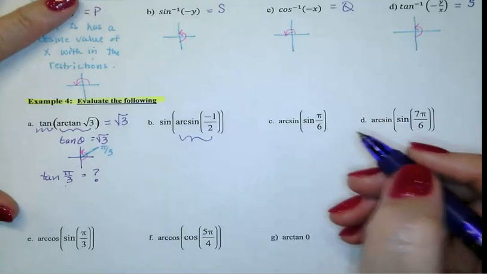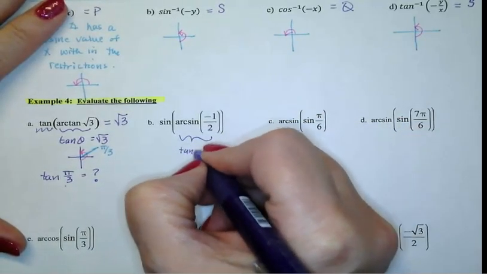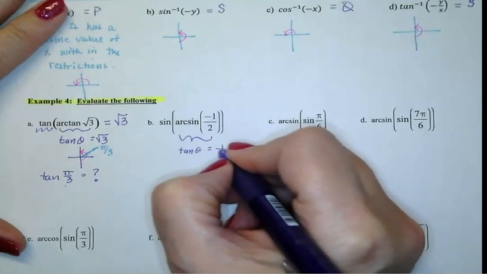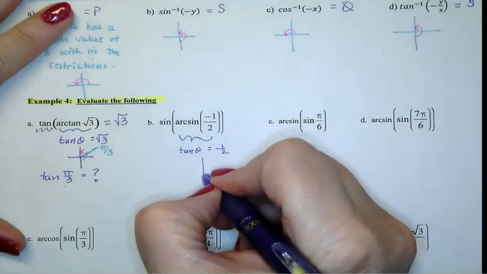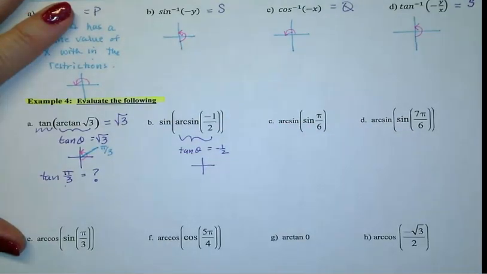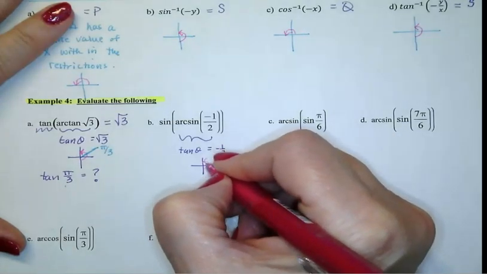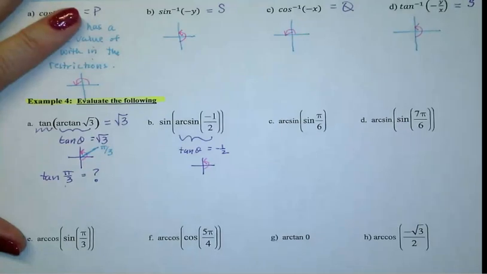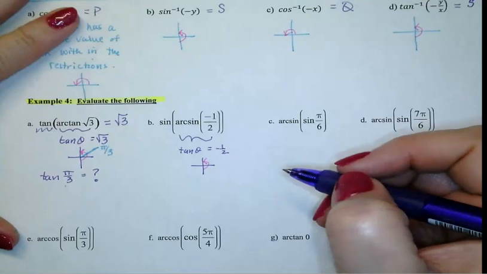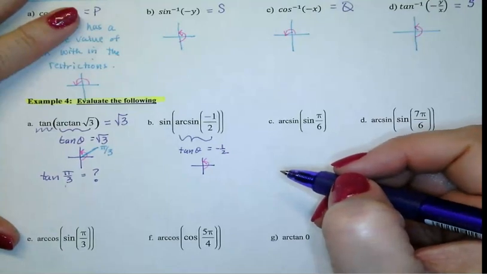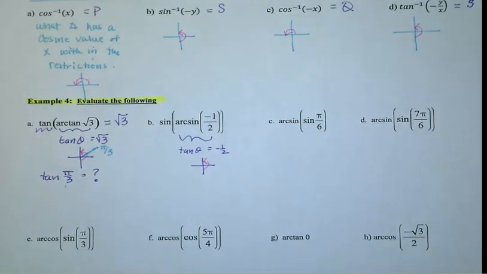So we're going to start in here with arc sine of negative 1/2. So remember, that just means what angle has a sine value of -1/2 within the restriction. So we're going to have a restriction here. And for sine, remember that we're restricting it from -π/2 to π/2. So within that restriction, where would there be a value that has this ratio we're looking for?